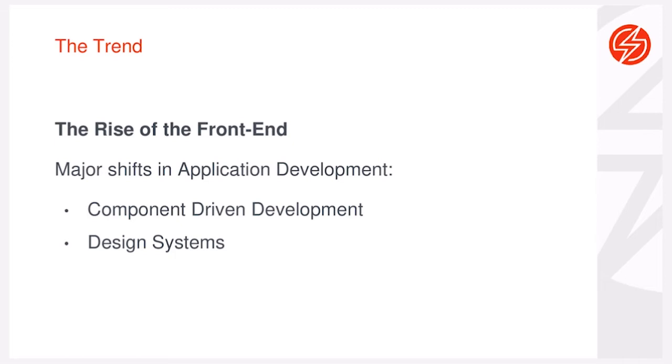To address this rise in front-end app development, there have been new approaches to how UI applications are developed, namely with the rise of popular component-based frameworks like React, Angular, and Vue, and design systems. Now, these are collections of reusable components which can be shared and reused across teams and projects to build a variety of different apps.